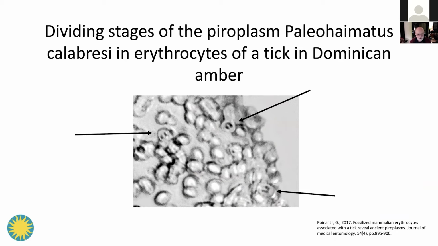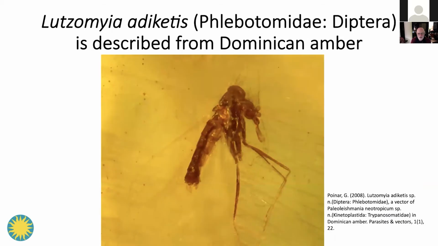And that's important because in the next few examples we use, we're going to be using blood parasites as a proxy. We're going to be using them as evidence for the presence of fossil blood. This is not a mosquito, it's a fly, but it feeds on blood. And living species of this particular fly carry the parasites called trypanosomes.